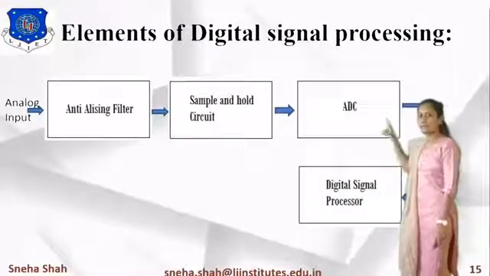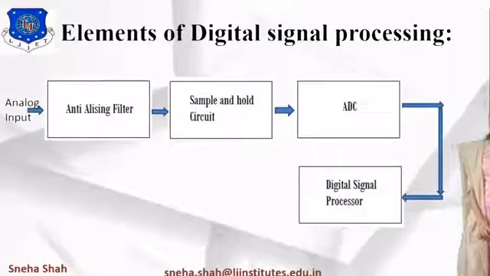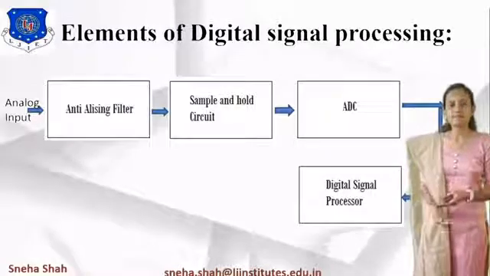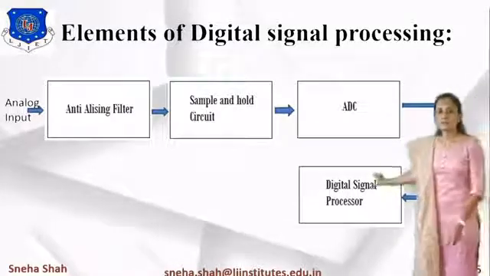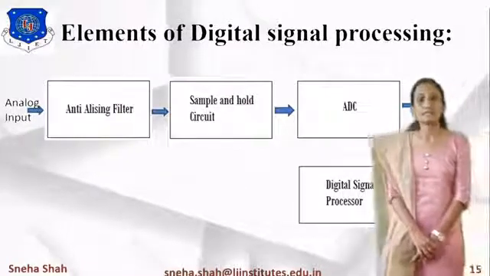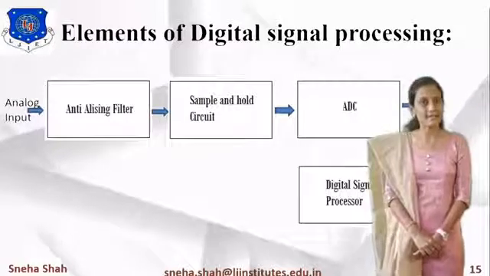It is applied to the digital signal processor, which gives you the output, a processed version of the original signal. Now the output of this digital signal processor is in digital form, but our original information signal is in the form of analog.